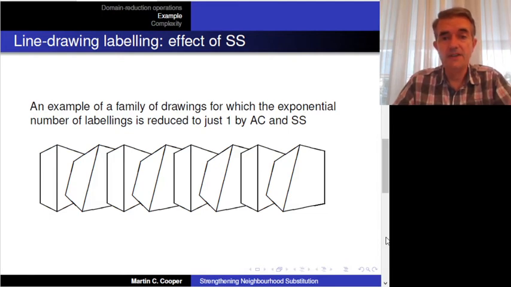So we in fact have an exponential number of labellings of this drawing. But if we apply arc consistency and snake substitutability, then the number of labellings is reduced to 1 because each domain becomes a singleton. So in particular applications, these new operations, such as snake substitution, can be very effective.